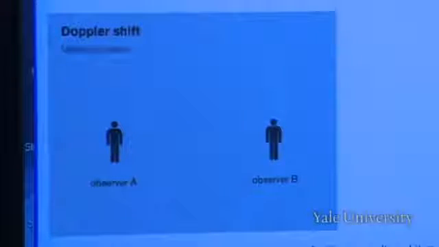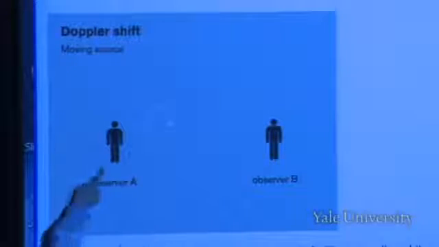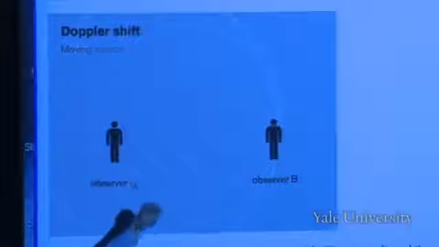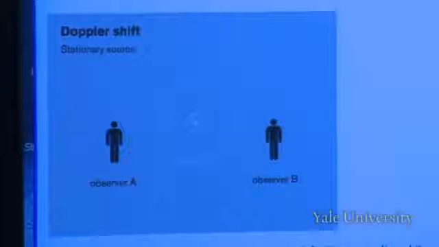So when the thing that's emitting the wave is coming towards you, it looks shorter to the observer it's going towards. Whereas for this guy, each successive wave is emitted a little bit further away. And so the wave fronts are further away from each other when they pass them, and the wavelength becomes longer. So that's the kind of conceptual thing that's going on.